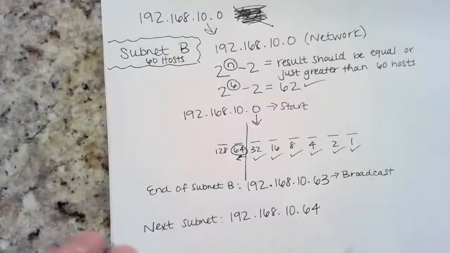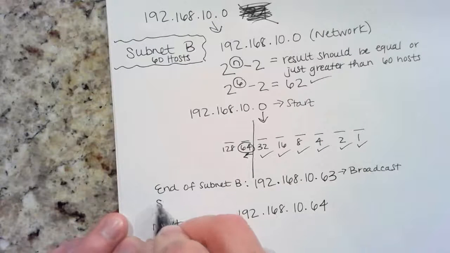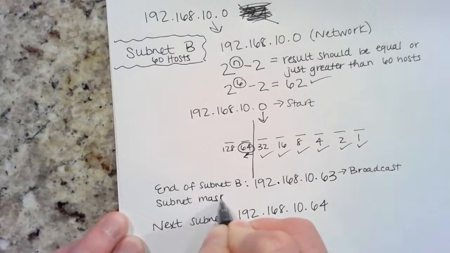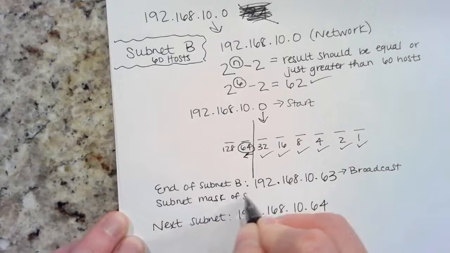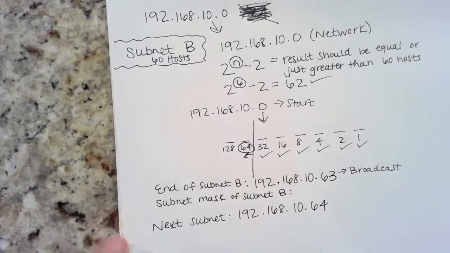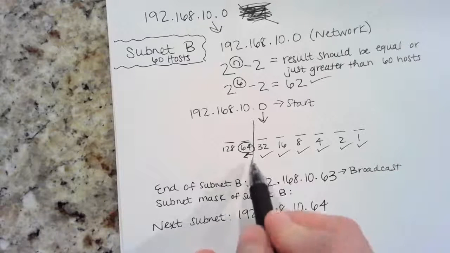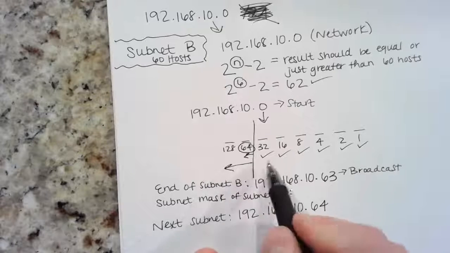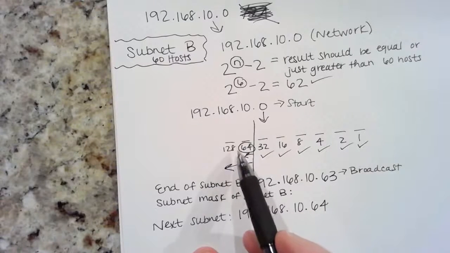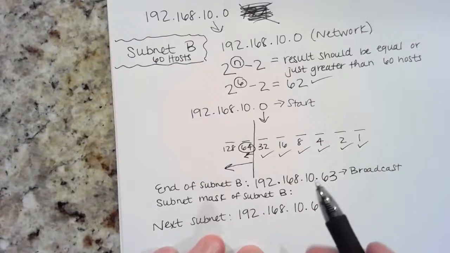And then lastly, we're going to find out what our subnet mask is, because that's very important for that entire subnet B. How do we calculate that? Well, we look at every number to the left of that line. So we add 128 plus 64, which is 192.